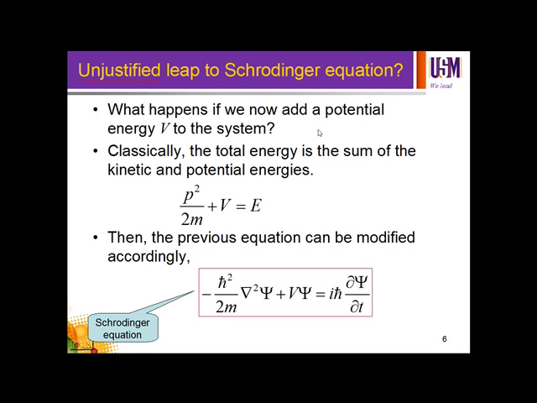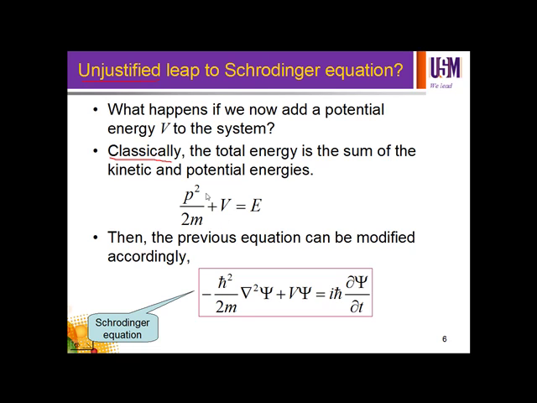What happens if we now add a potential energy V to the system? Just now we have this equation without V but containing the energy operator. When we look at classical mechanics, the total energy is the sum of the kinetic and potential energy.